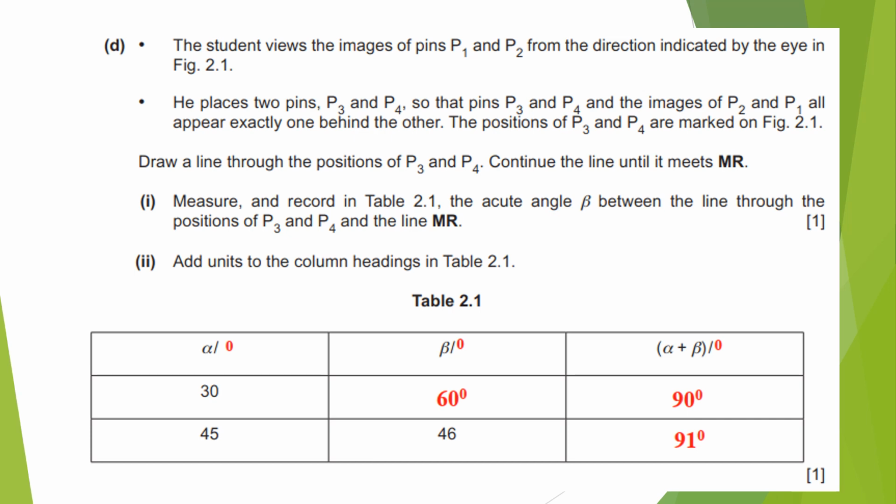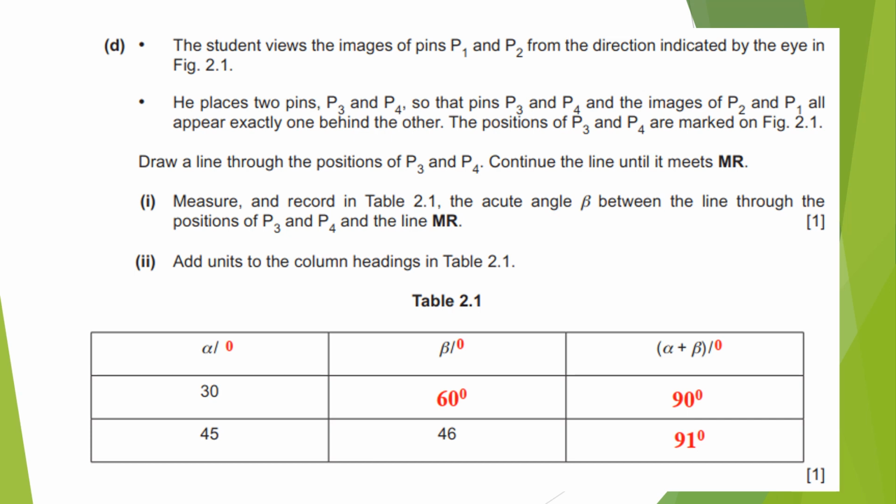Add units to the column headings in table 2.1. So already we know the characteristics of images formed by reflection in a plane mirror, and the laws of reflection. If the angle of incidence is 30 degrees, then the angle of reflection, the line passing through P3 and P4, also will be 30 degrees.